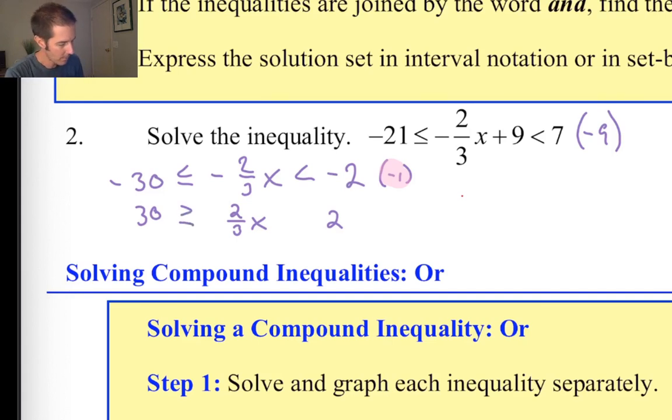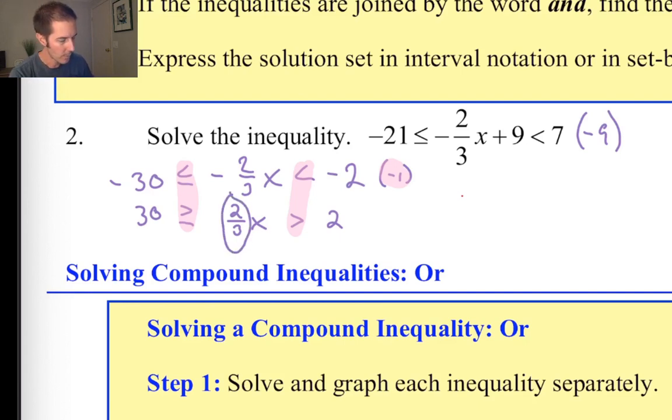This inequality symbol is now facing the other direction, and this one needs to also be facing the other direction. So use a different colored pen, highlight it, use a glitter pen and circle them, something, but make sure you don't miss that maneuver.